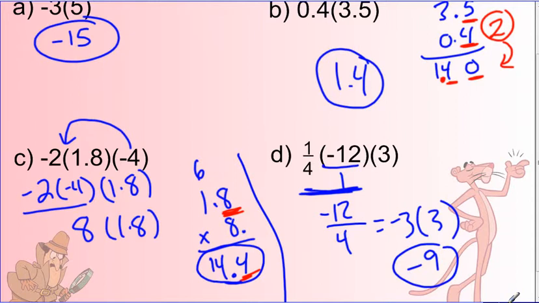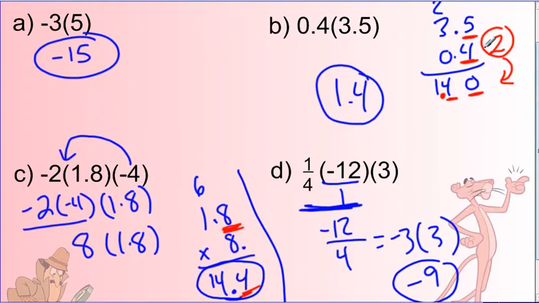Simple enough. So the rules basically are you multiply like normal. If the signs are the same, you get a positive answer. If the signs are different, you get a negative answer. When you're multiplying decimals, you do not have to line up the decimals. You simply set them up and down. You multiply like normal long multiplication, and then you count the number of numbers after the decimal in the problem.